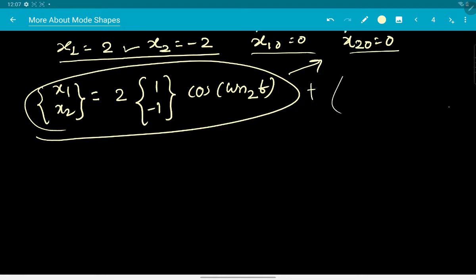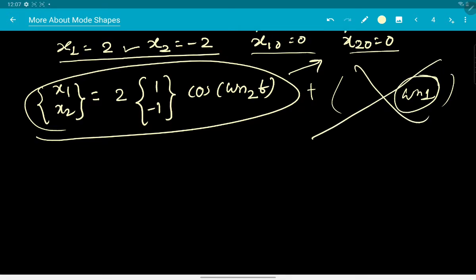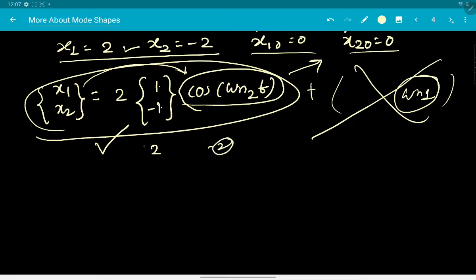The other term, which had frequency omega n1, is absolutely absent, and x1 and x2 are both in sync because the time dependence of x1 and x2 is exactly identical. What is different is only the amplitudes, whose ratio remains constant. If the amplitude of x1 is 2, then the amplitude of x2 is -2. That is the only difference between x1 and x2.